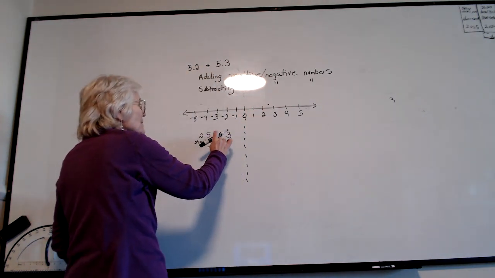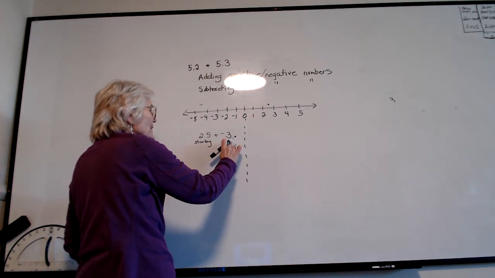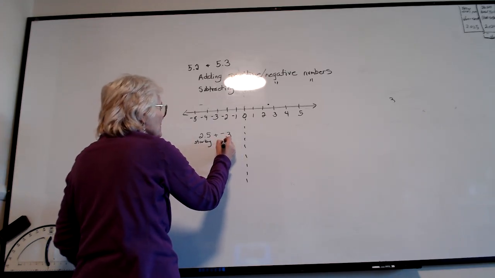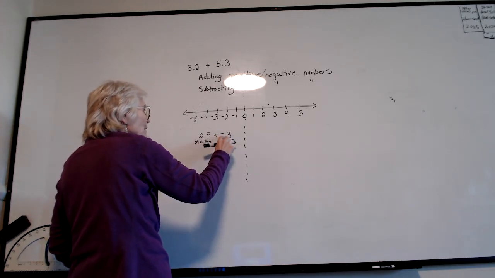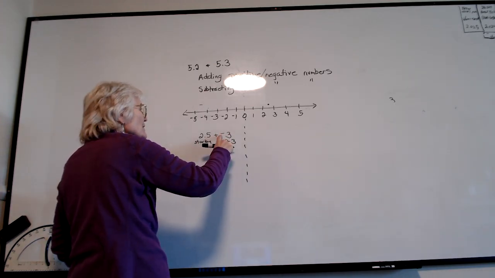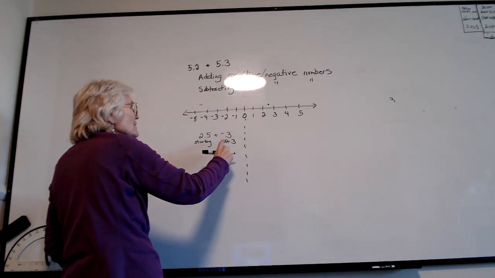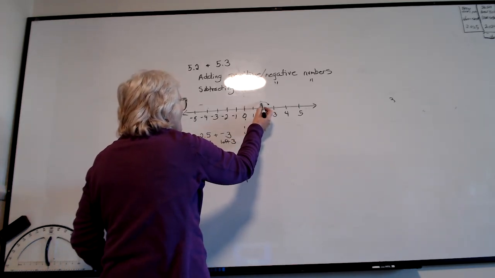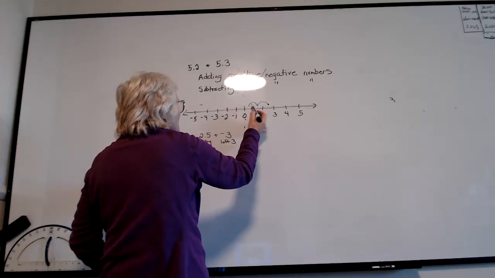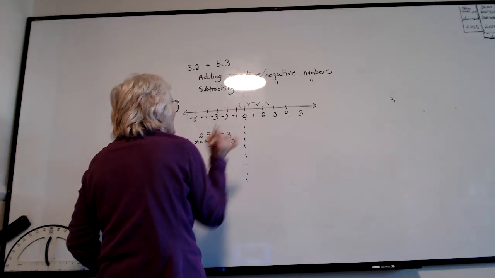This says I'm going the opposite of 3. So that means I'm going to the left 3, because 3 would be going to the right, but I'm going the opposite, so I'm going to the left 3. So if I count, I'm going 1, 2, 3.